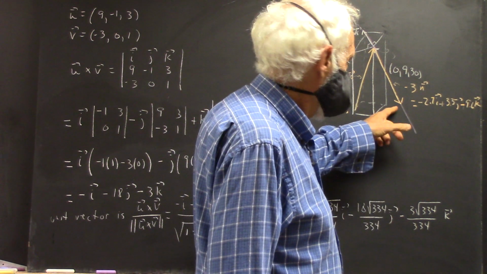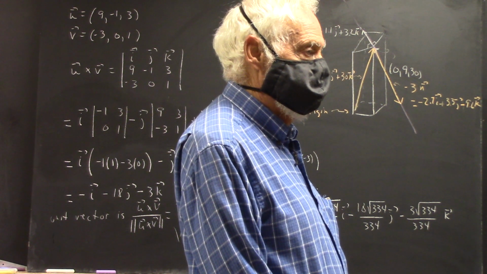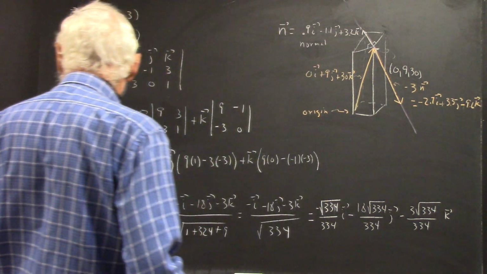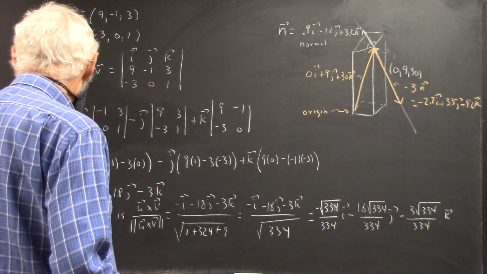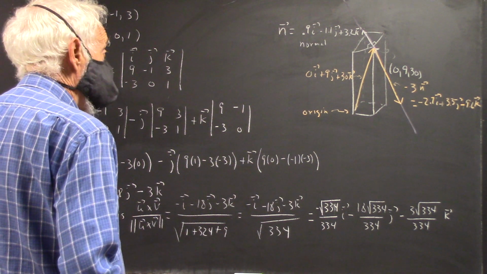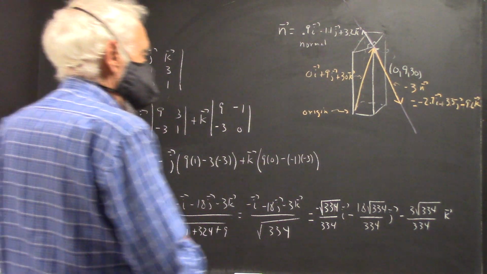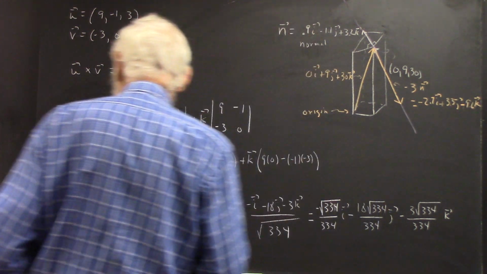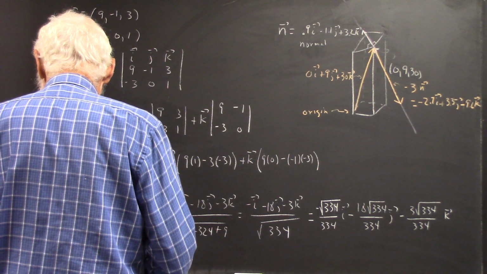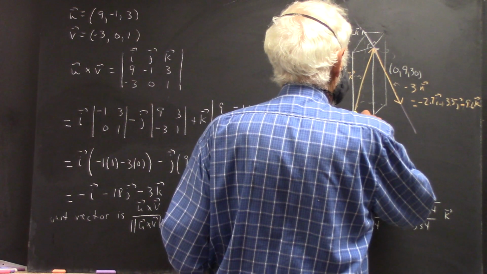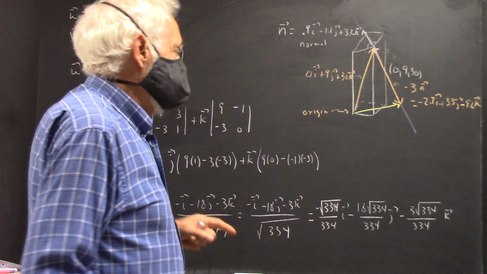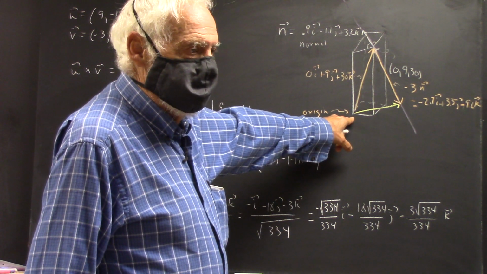So what are the coordinates of this point? Okay, well, I'm not going to give you a whole lot of time to think about it, but I did want you to think about it. So, the coordinates of this point. Let's instead ask, what are the components of this vector?